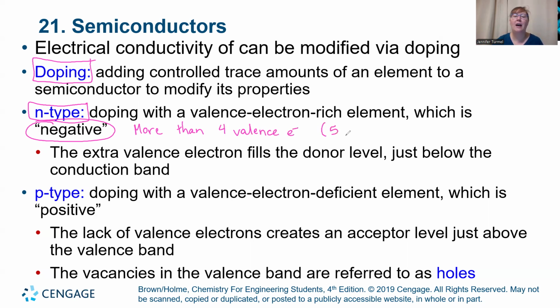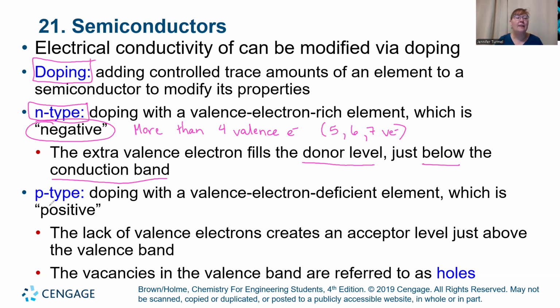So they could have 5, 6, or 7 valence electrons, and that would make an N-type. You're going to be looking at your periodic table and saying, okay, how many valence electrons does it have? The extra valence electron fills what's called a donor level just below the conduction band.